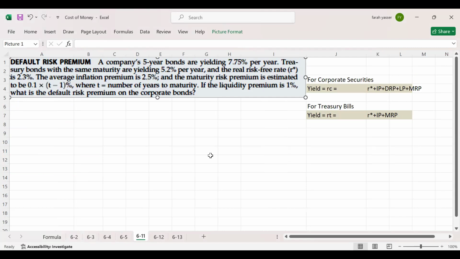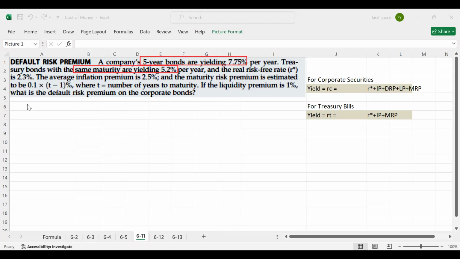Then 6-11, which is related to the calculation of the default risk premium. So first we will extract the data. A 5-year company bond yield, RC5, is given, and the treasury bond with the same maturity yield is 5.2%, meaning RT5 is given.